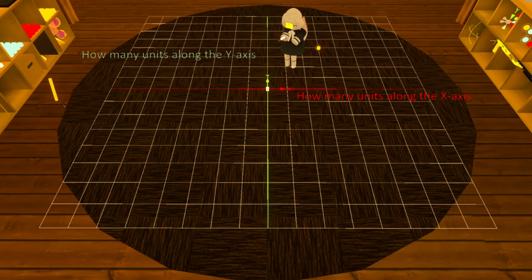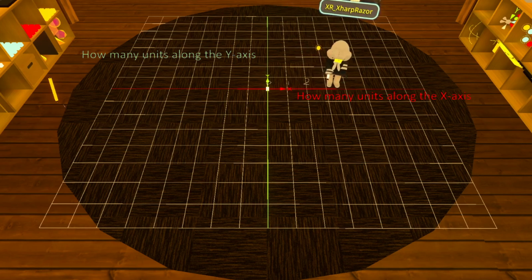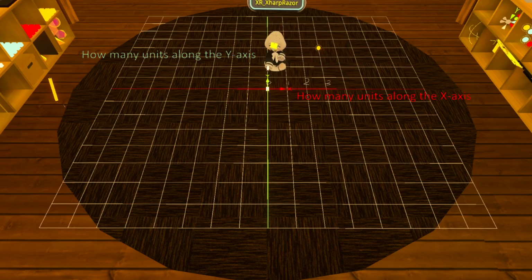Alright, back with the pen. So now we can actually just give them numbers. Let me quickly write it. This is 0, and then we can have 1, 2, and then 3. And over here, it's almost the same thing: 1, 2, 3, and then 4.